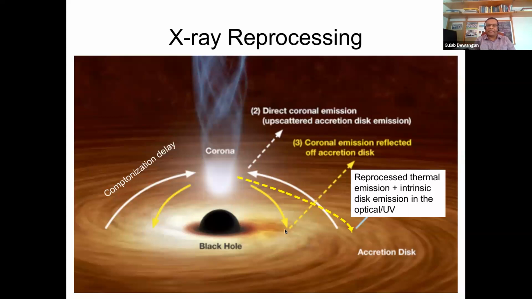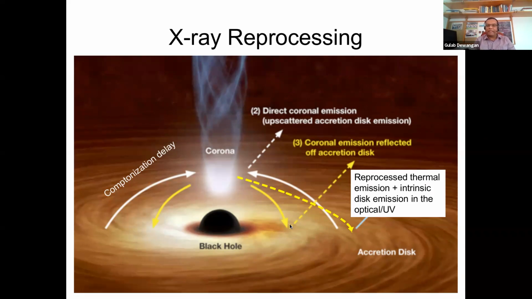In the reflection spectrum, there is an imprint of the accretion disk in the form of some line emission, particularly the iron line, and that iron line is modified due to the spatial and general relativistic effects near the black hole, and that's how we probe the inner regions very close to the supermassive black hole using this reflection spectrum, which I will discuss in a little more detail.